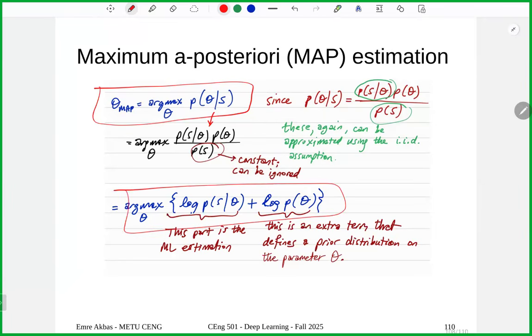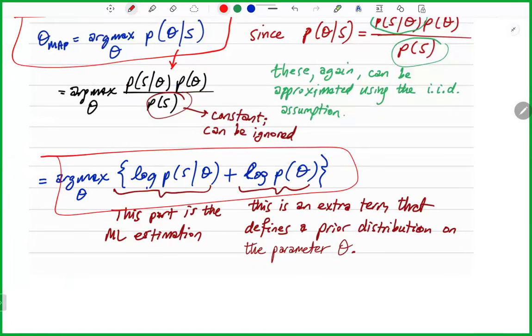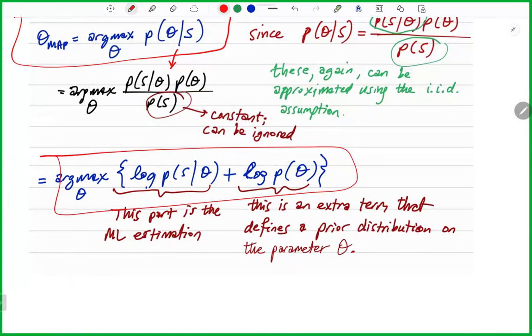In fact, the first term is the maximum likelihood itself exactly. But there is an addition, which is log of probability of theta. This is an extra term that defines a prior distribution on the parameter theta. That's the only difference.